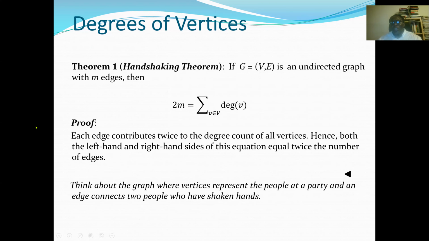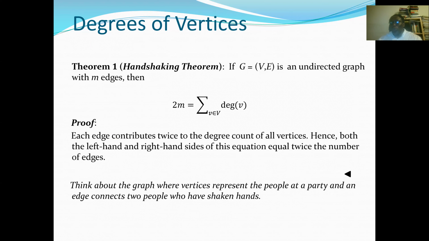For the proof, we say that each edge contributes twice to the degree count of all vertices. As we said, the edge is the line. It has 2 endpoints, to the left and to the right. So anytime we have an edge, we have to connect at least 2 vertices.